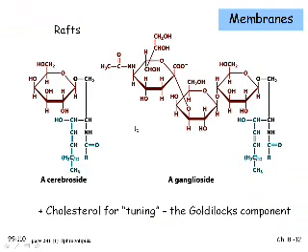There are some lipids that like to stay together in the plane of the membrane. These are some more exotic kinds of molecules called cerebrosides and gangliosides. And these are lipids that seem to have the ability to stay in little clusters in association with each other.